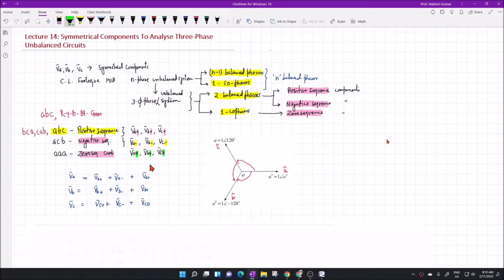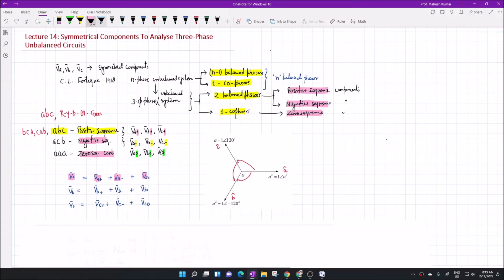If these phasors have their corresponding positive, negative and zero sequence for each phase, then if I sum them up, we will get the overall phasor. For example, V_A must be the sum of V_A plus, V_A minus, and V_A 0.